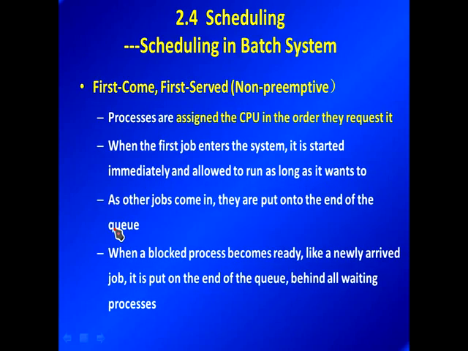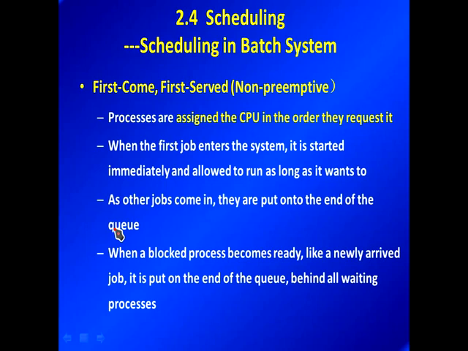So after we learned all this basic knowledge relevant to scheduling, we can dive into the details of multiple scheduling algorithms. You need to know there are compute-bound and I/O-bound processes.